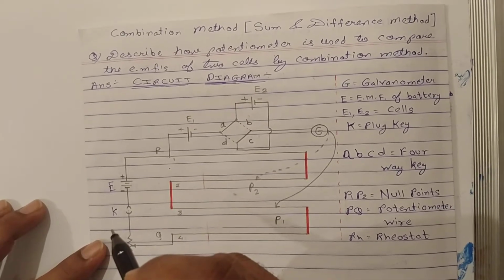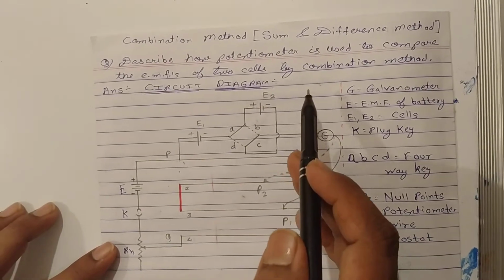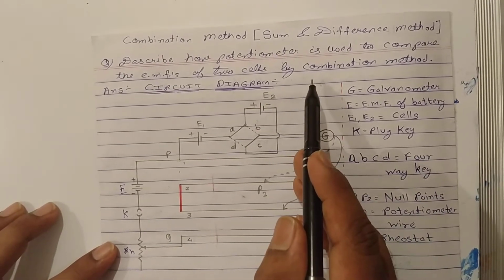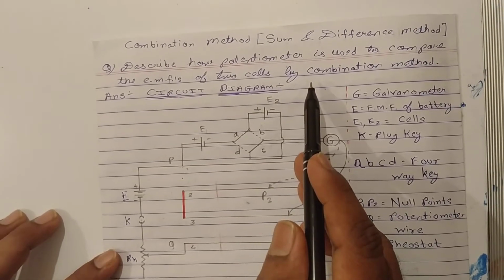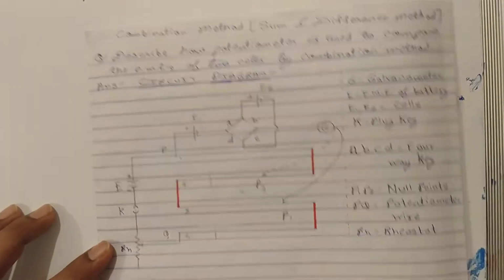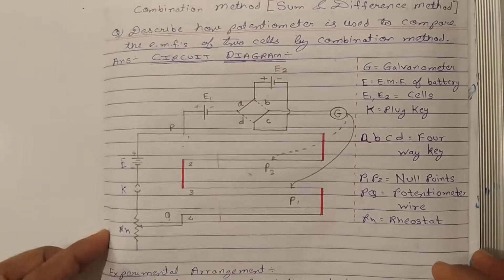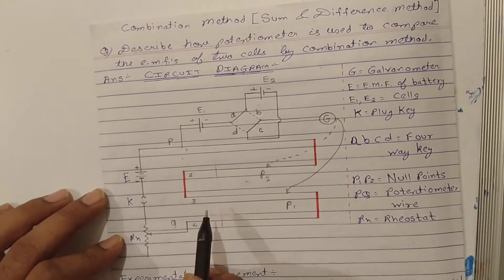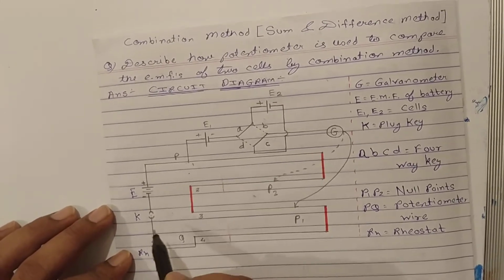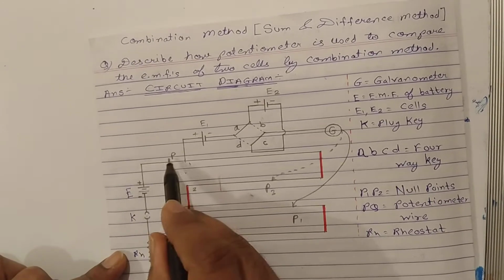Let us study the working of this particular circuit diagram, that is comparison of EMF of two cells by combination method. Students, initially we will just put a key into the plug key K so that current will start flowing.